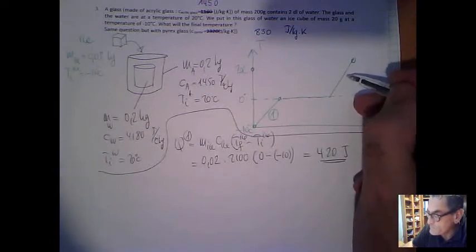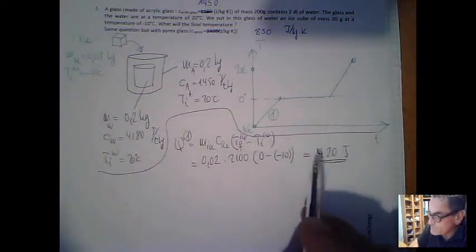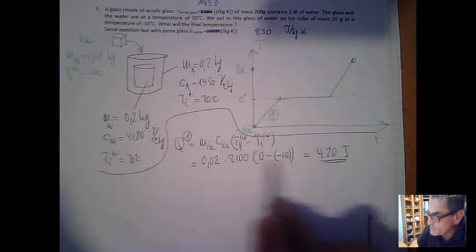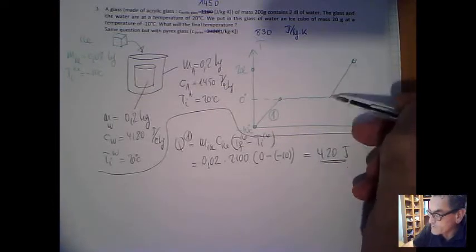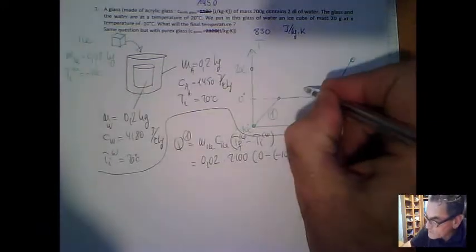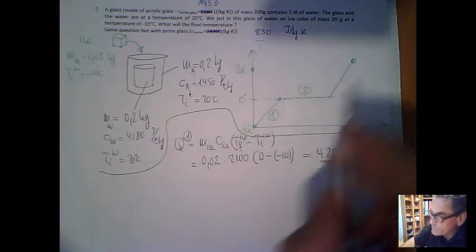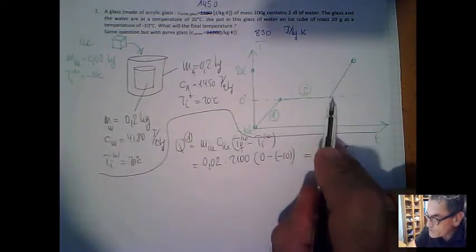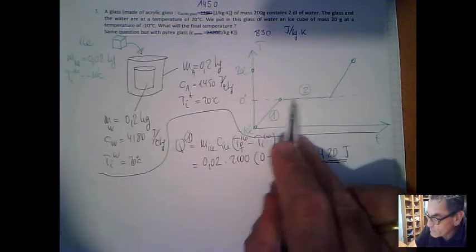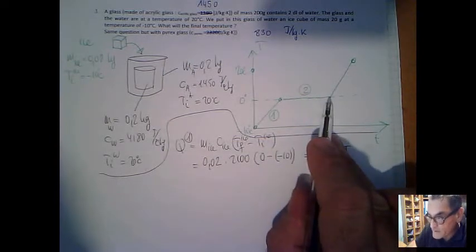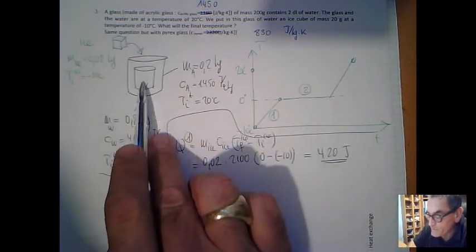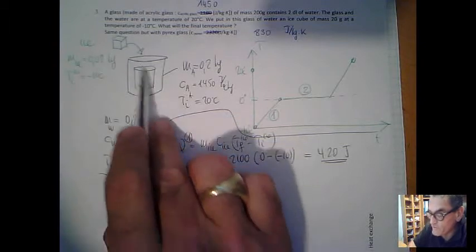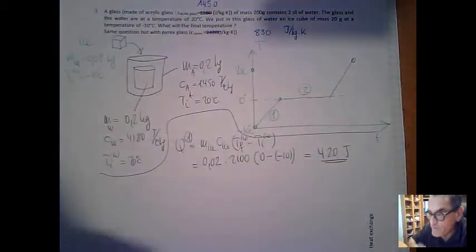We don't know. Because we don't know the equilibrium temperature of the water, the other thing we need to know now is how much energy it takes for our ice cube to be completely melted. And obviously it is going to be completely melted, because there's 20 grams of ice cube and there's 200 grams of water.